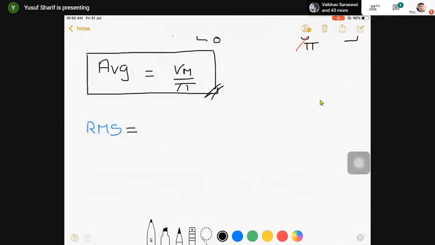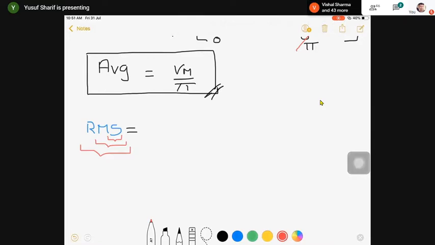So what do we do first? We square that particular signal. After that, we calculate the mean of that square function, and finally we apply the square root. The result that we get is the RMS value, root mean square.